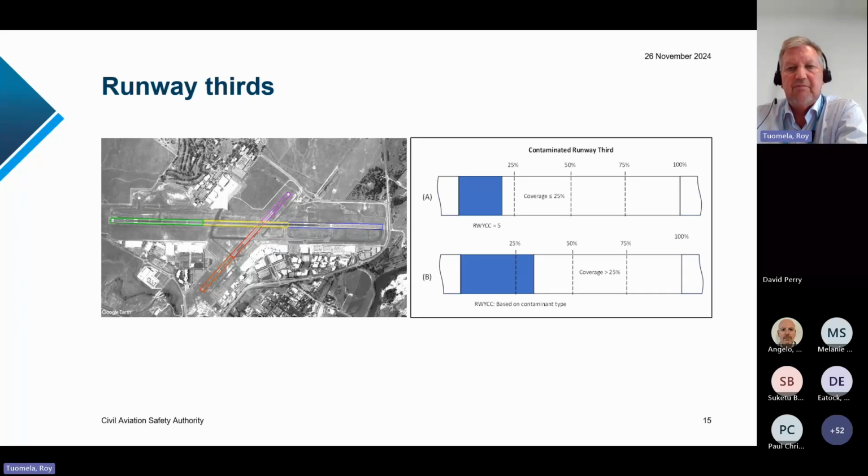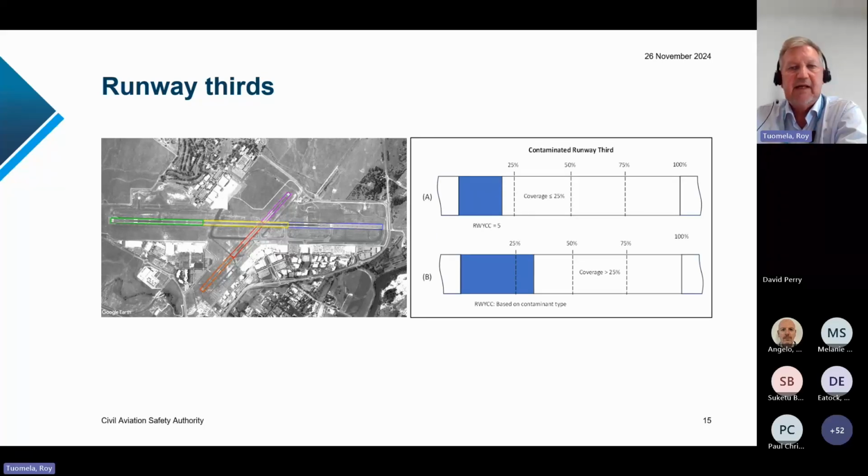ICAO does say and require that if a runway third is 25% or less contaminated, they consider it to be as good as a dry runway with a runway condition code of 6. But we believe it's more accurate to report that one as wet, because it has some contamination on it.